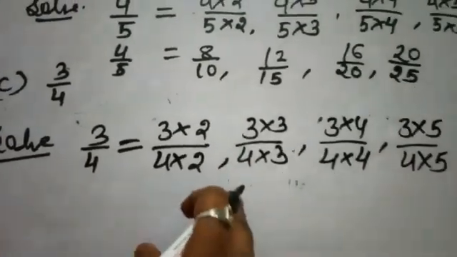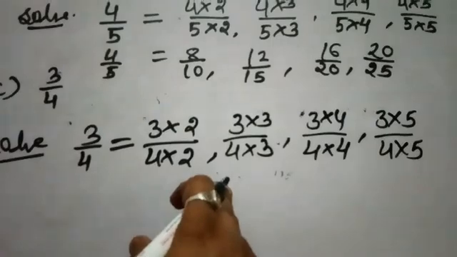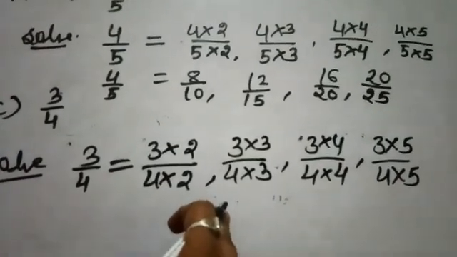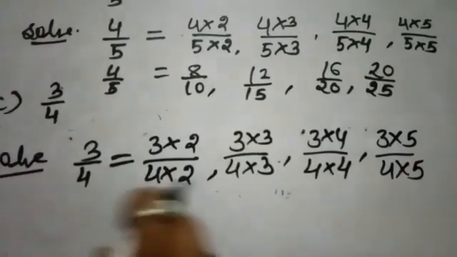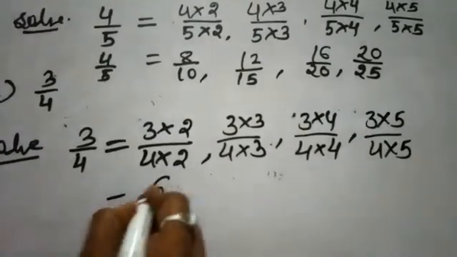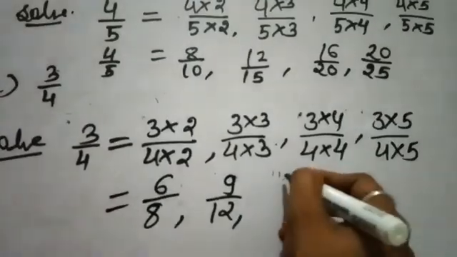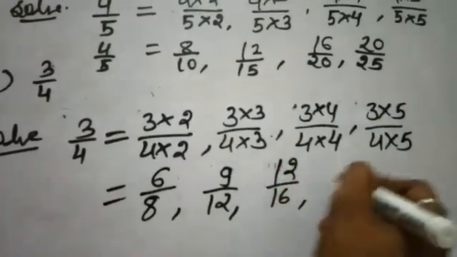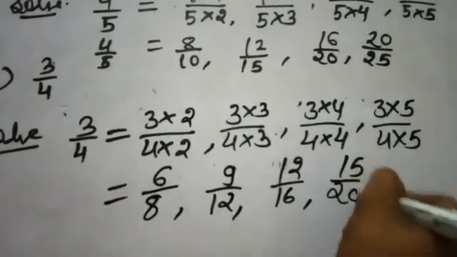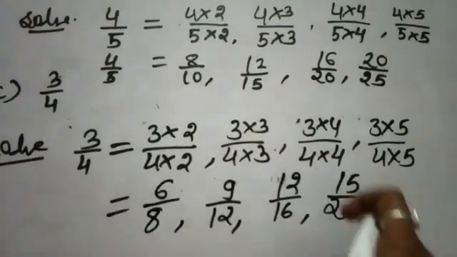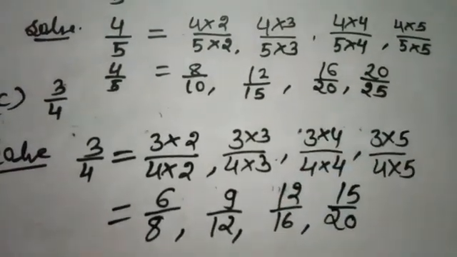Here why do we find only 4 numbers? Because in the question we have to identify 4 equivalent fractions of the given fraction. It is 6 by 8, 9 by 12, 12 upon 16, then 15 upon 20.